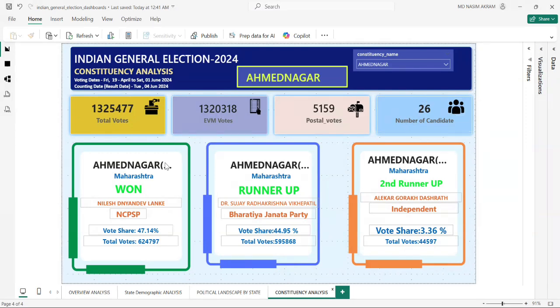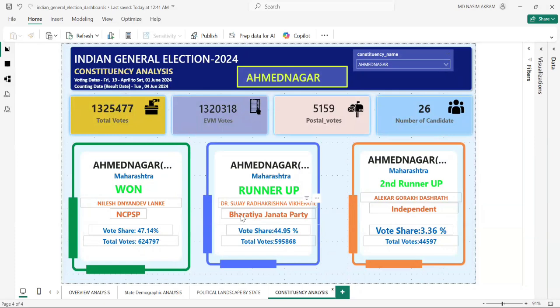These are the visuals that help us know which candidate is winning from which constituency. Since it is Ahmednagar, here Nilesh Dhyandev Lanke is leading and has won from this constituency, and is a part of the NCP-SP party.